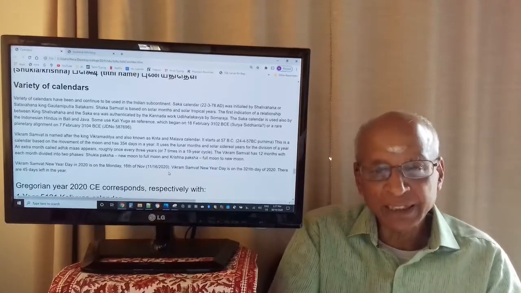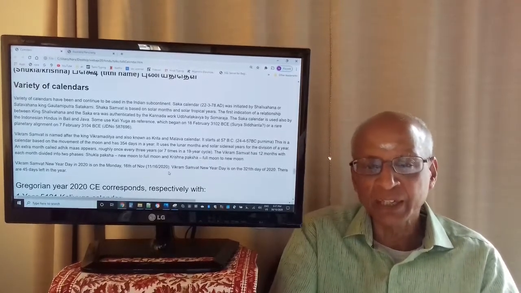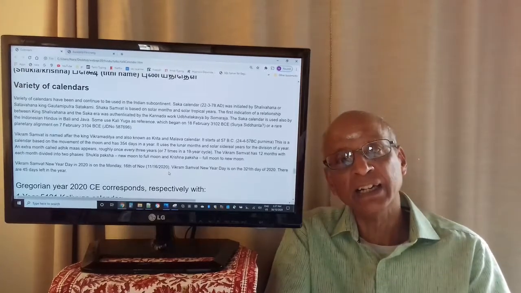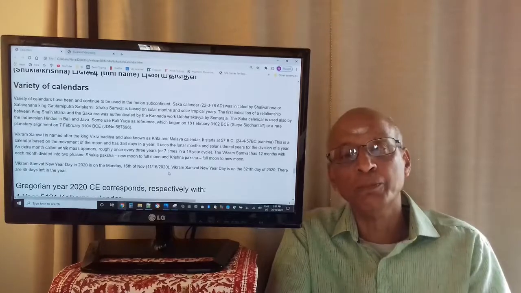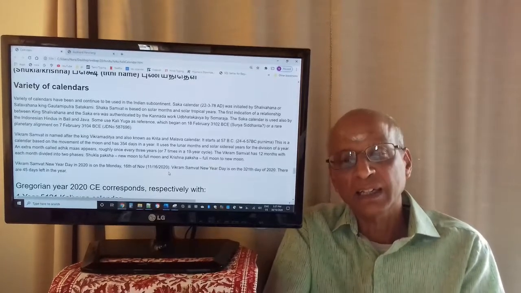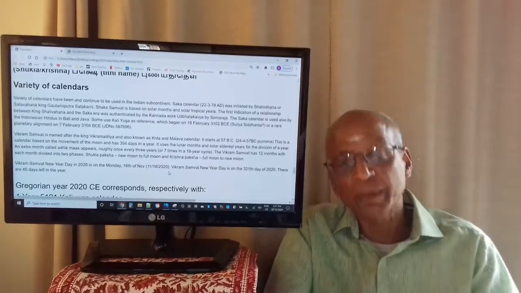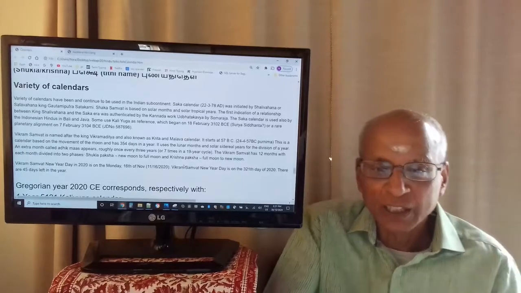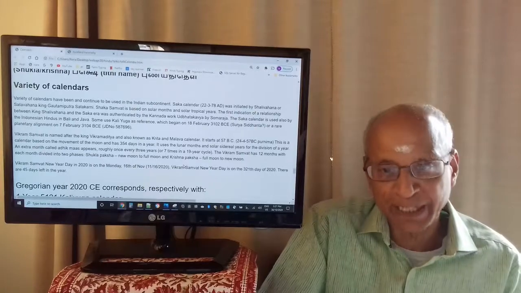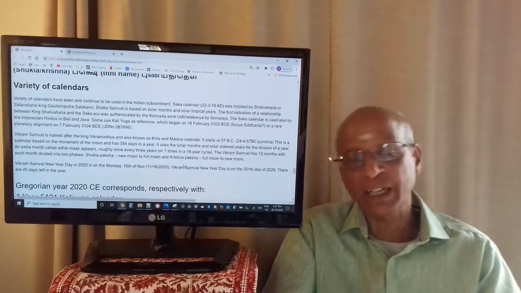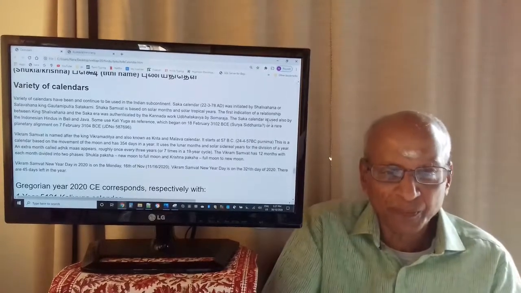This is called the Metonic cycle, that is 7 extra months in a 19-year cycle, wherein the solar 365.25 days and the lunar both come equal. Then again the Metonic cycle starts. It won't be exact; the first time 3 years, then 4 years, something like that.